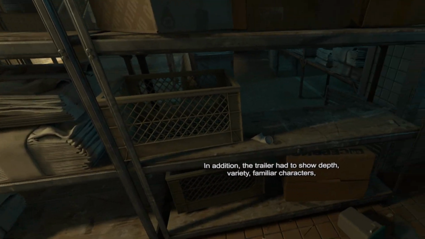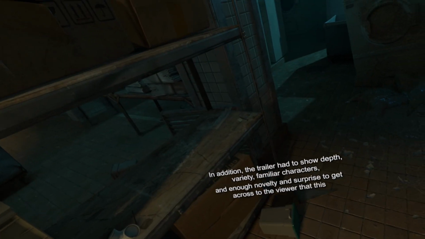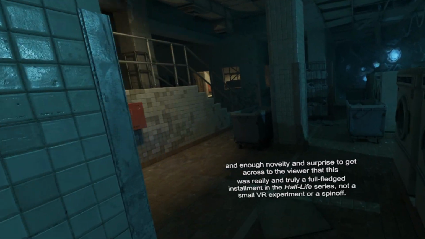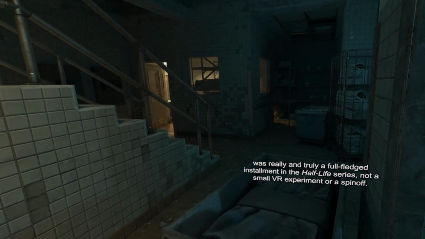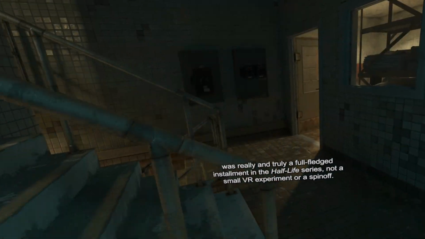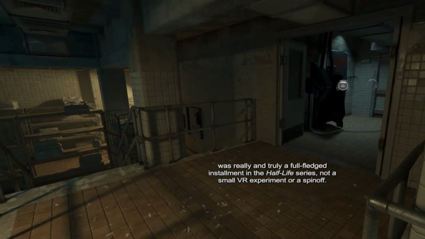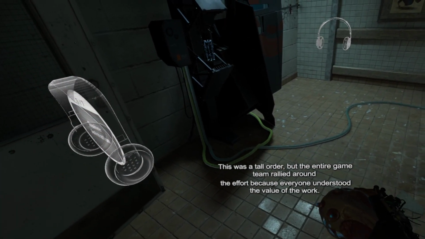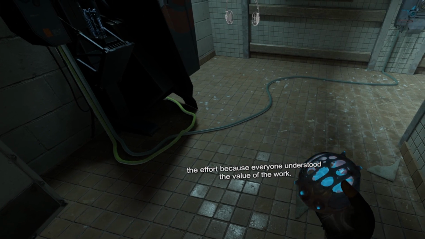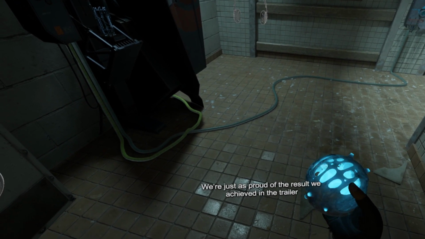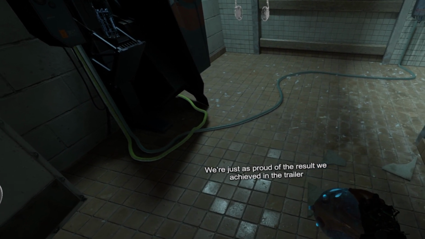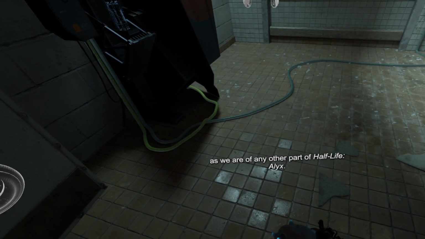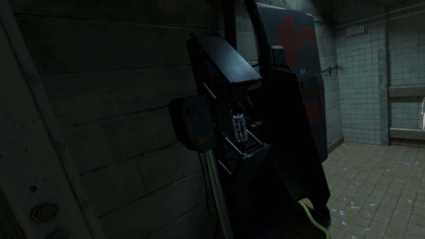In addition, the trailer had to show depth, variety, familiar characters, and enough novelty and surprise to get across to the viewer that this was really and truly a full-fledged installment in the Half-Life series, not a small VR experiment or a spin-off. This was a tall order, but the entire game team rallied around the effort because everyone understood the value of the work. We're just as proud of the result we achieved in the trailer as we are of any other part of Half-Life Alyx.